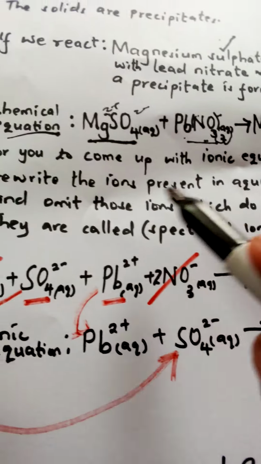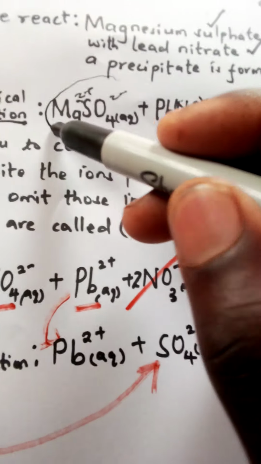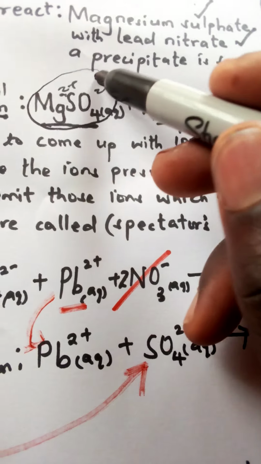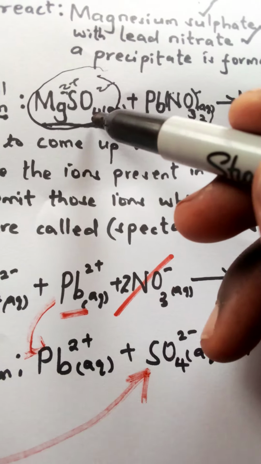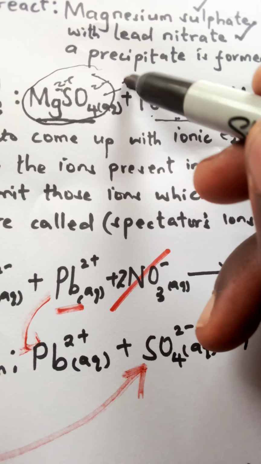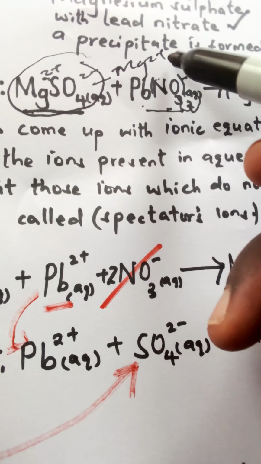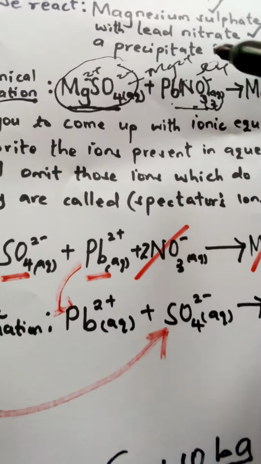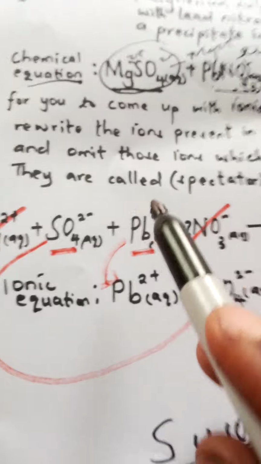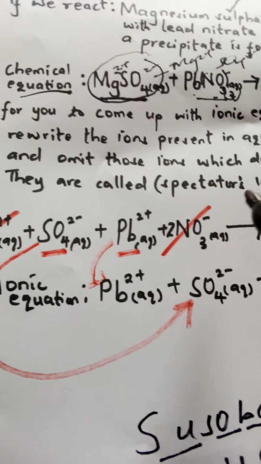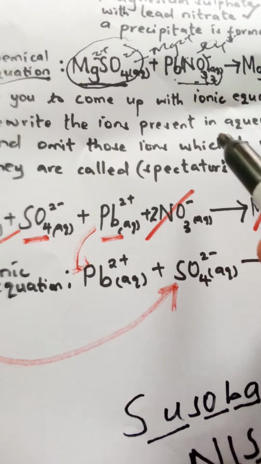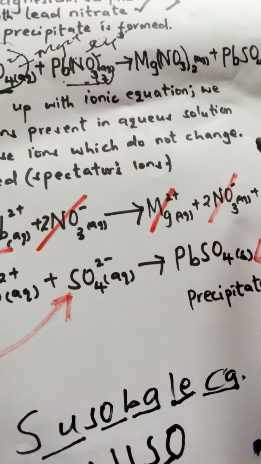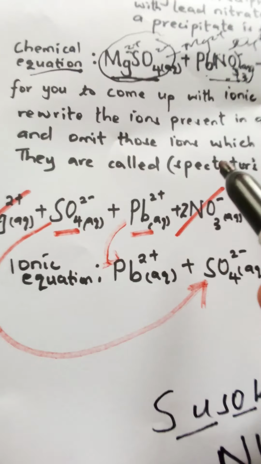For example, magnesium sulfate is a solution, so it contains magnesium ion and sulfate ion. We rewrite the ions present in that aqueous solution and omit those ions which do not change during the chemical reaction.